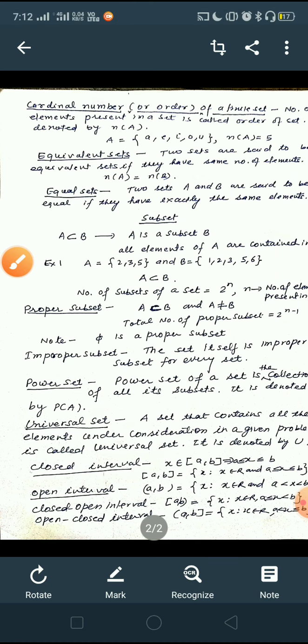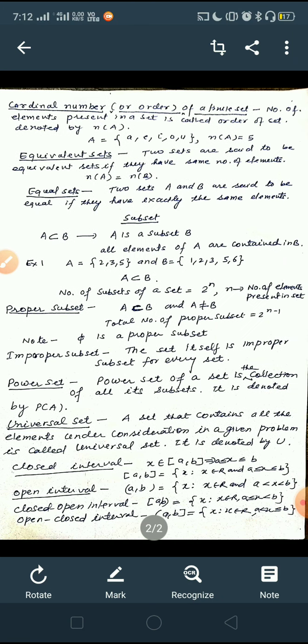Children, our next topic is equivalent sets. Two sets are said to be equivalent sets if they have the same number of elements, irrespective of whether they are identical or different. The thing that will matter is the number of elements.